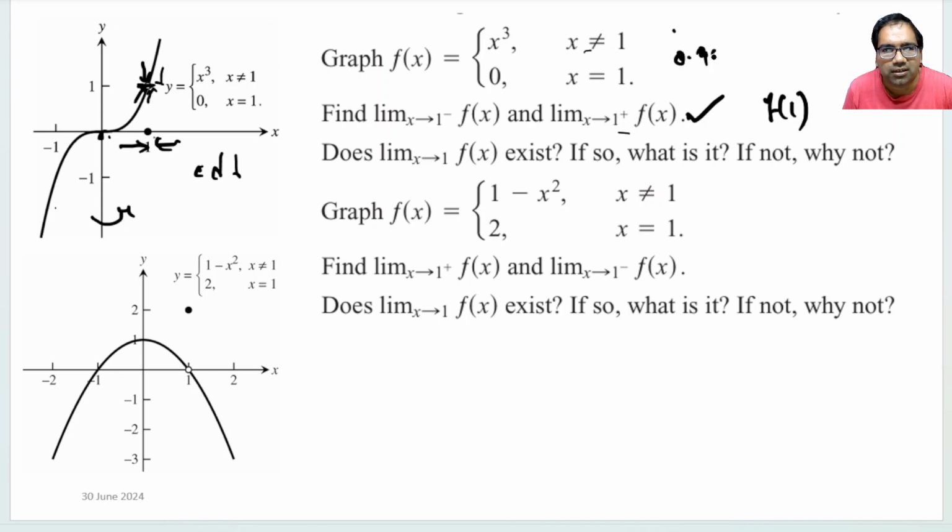That means 0.99 or 0.9999 or 1.01 or 1.001, whatever, we'll get as close to 1 as we want. Okay, so even this fits the precise definition. So the limits as x tends to 1 minus and 1 plus both exist, and that's why this limit also exists.